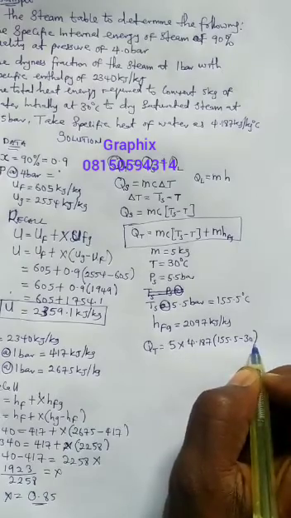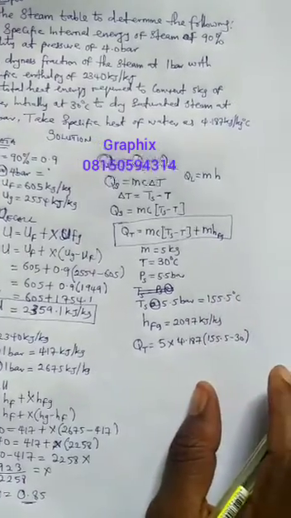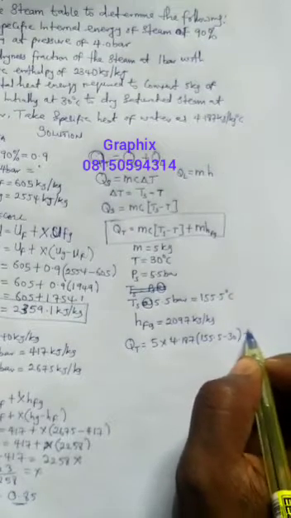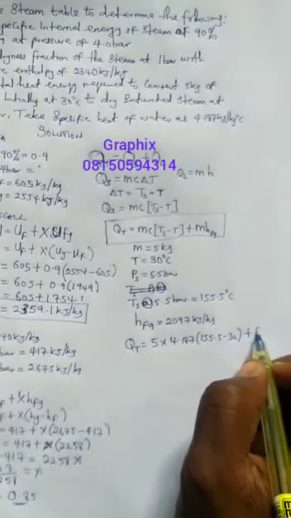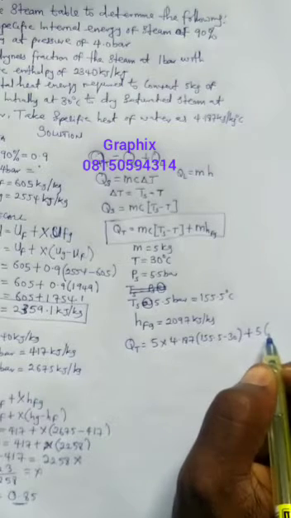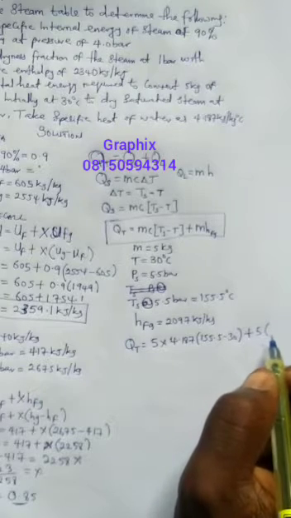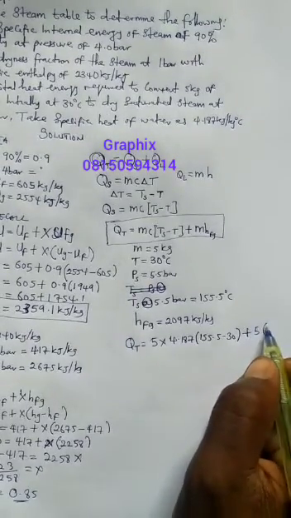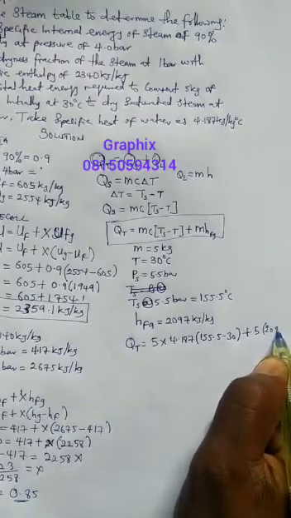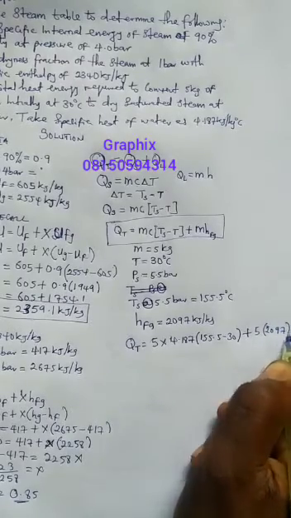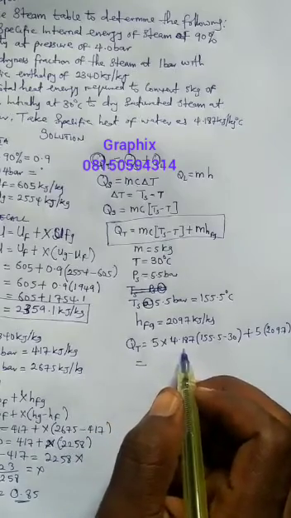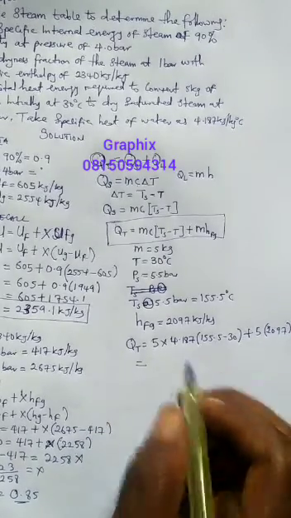We close the bracket now, plus the mass here, 5 kilogram, into bracket the enthalpy, which is 2097.